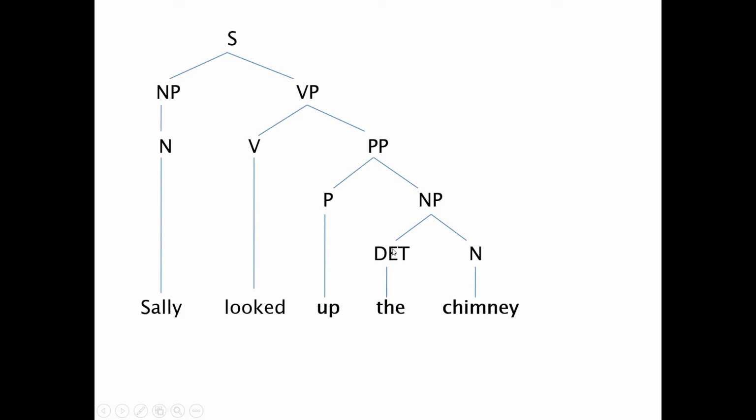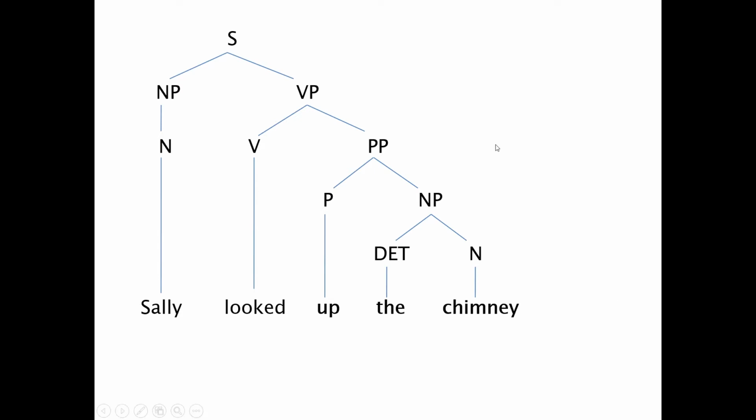Verb phrase consisting of a preposition and noun phrase. We have a determiner and we have the noun chimney. So the two constituents, I mean the two key elements of a sentence, are the noun phrase and the verb phrase. As you see, look up, or the verb look is a transitive verb.